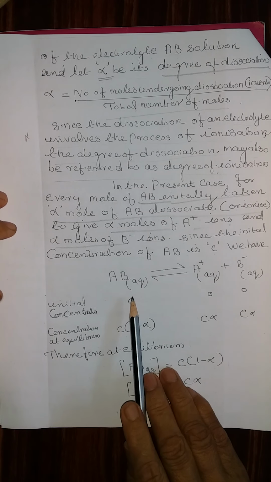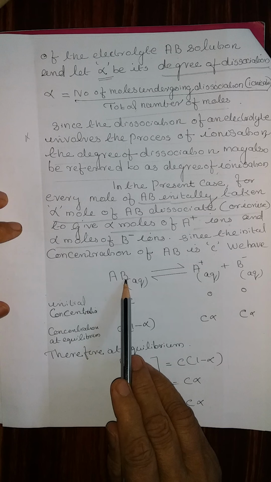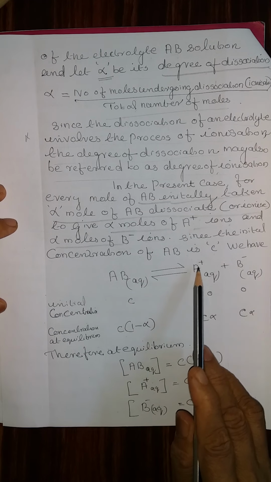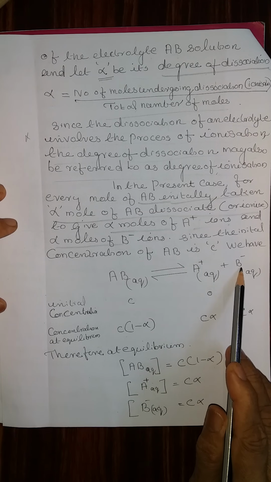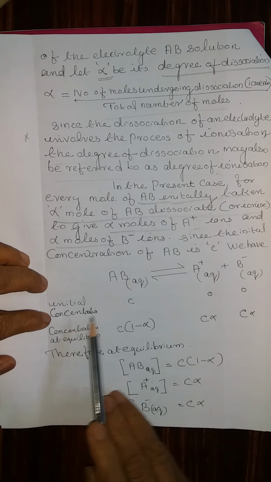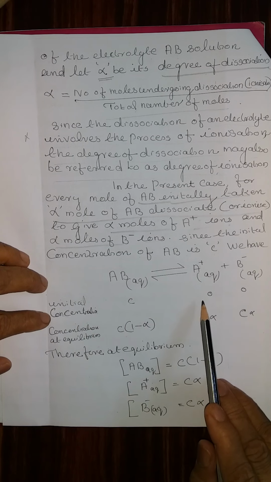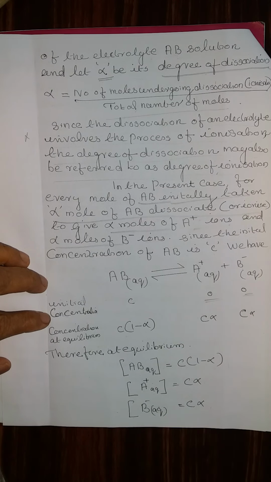Here, AB is the substance, which undergoes dissociation and forms A plus and B minus. Initial concentration means initial concentration of AB. At that time, there are no ions at all.